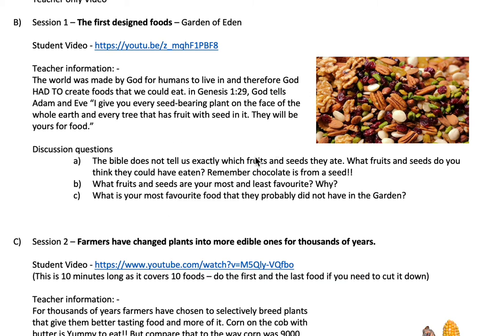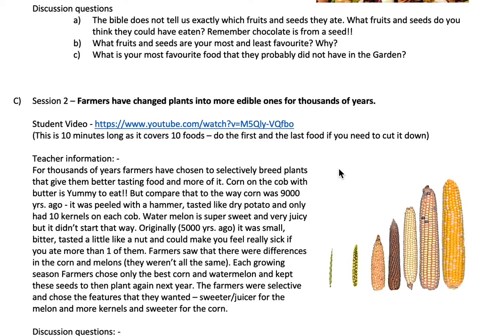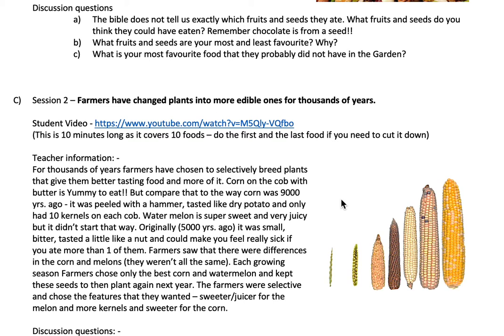So the first one is really looking at where did we all start this journey of designing food? Well, obviously we have to start in the Garden of Eden. And session 1 explores that. Then session 2 looks at how farmers, through artificial pollination or just selective breeding, have changed foods over thousands of years.